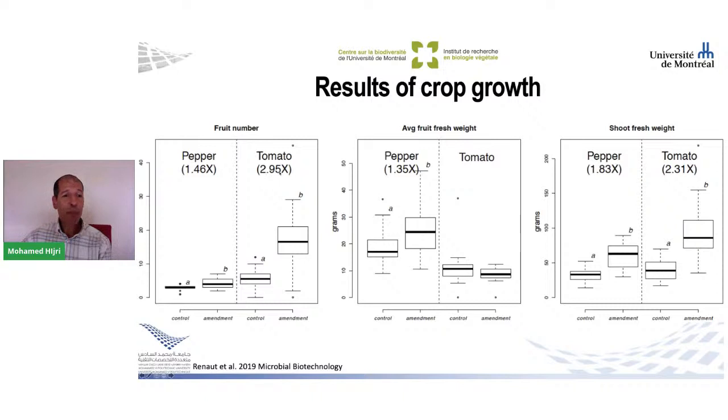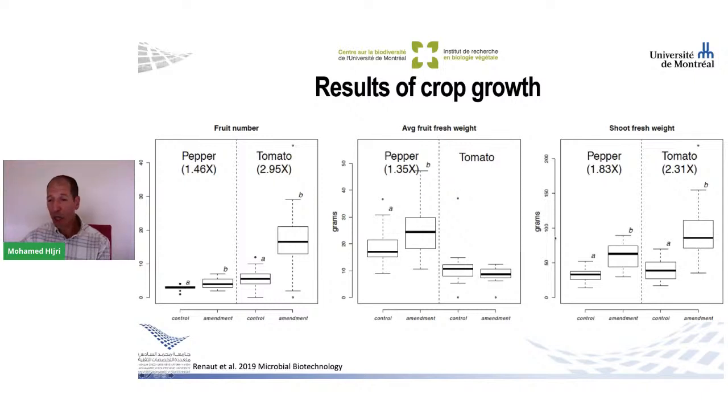We have up to three times increases in fruit number, except for tomato average fresh weight, because we are using this cherry tomato. That makes sense because the tomatoes were all quite small. That's why we didn't have any significant difference in the size of the fruit.